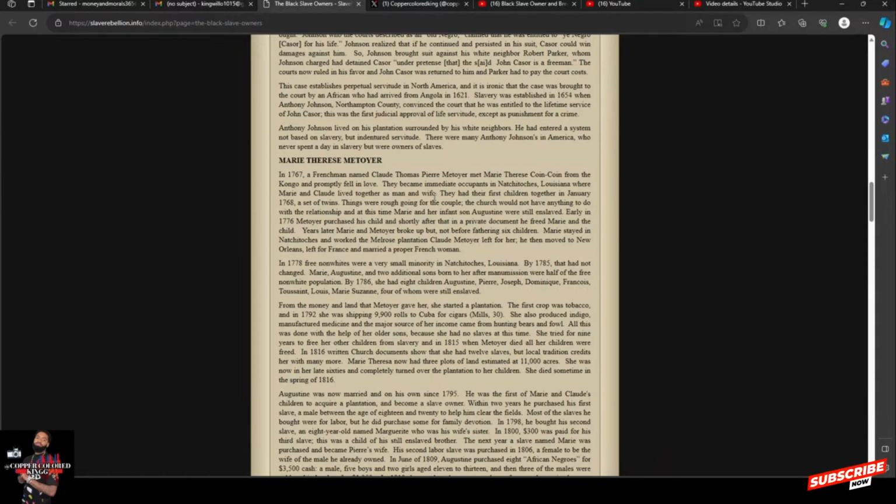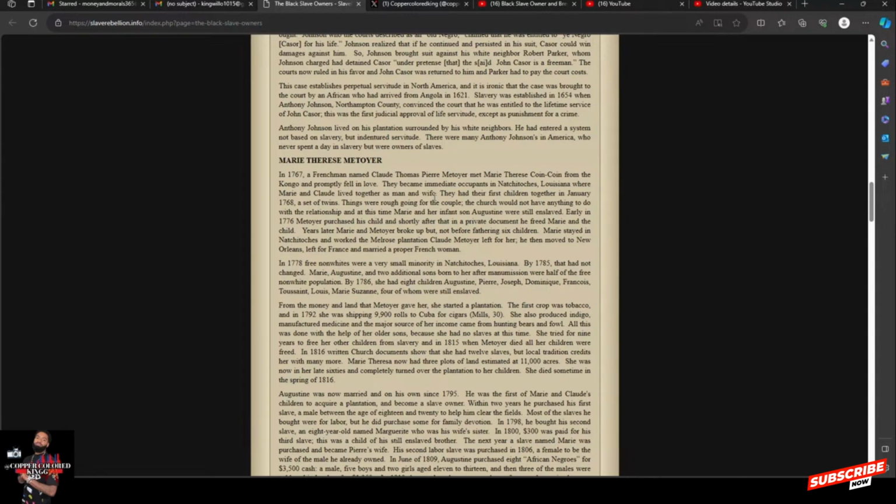They had their first children together in January 1768, a set of twins. Things were rough going for the couple. The church would not have anything to do with the relationship, and at this time, Marie and her infant son, Augustine, were still enslaved. Early in 1776, Metoyer purchased his child, and shortly after that, in a private document, he freed Marie and the child.